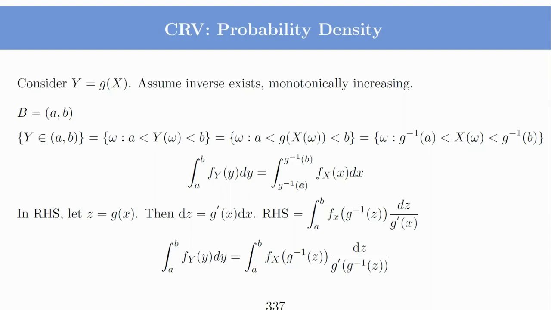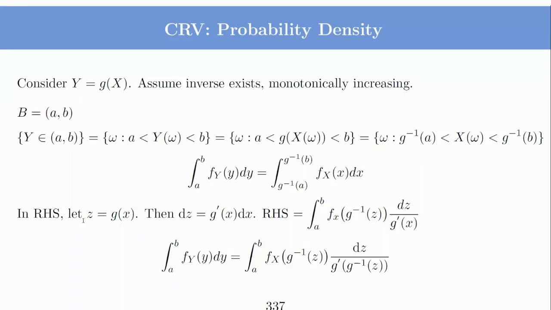So what substitution can I do so that the limits become a and b? If I take z equal to g(x), this will make the lower limit g of g inverse a equal to a, and the upper limit g of g inverse b, which is b.